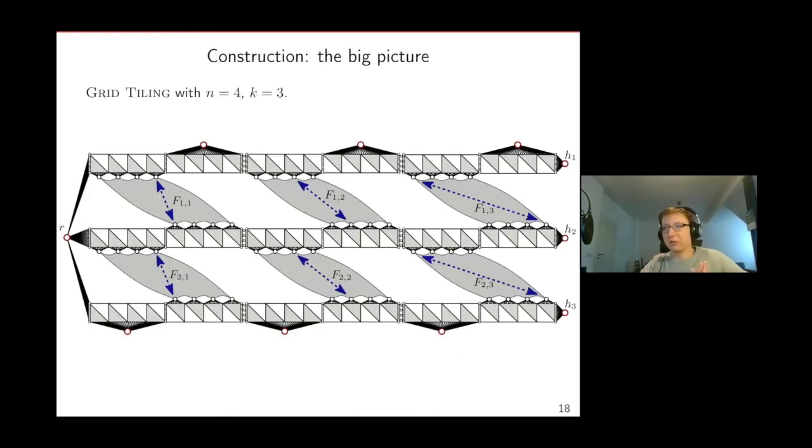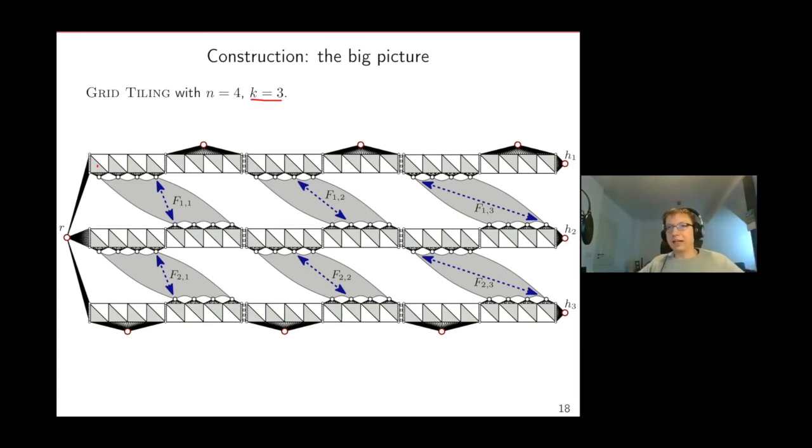So here's our reduction now. This little triangle that you see here is a verification gadget, and now I will do a reduction from grid tiling. In this example, I picked k to be 3 and n to be 4.